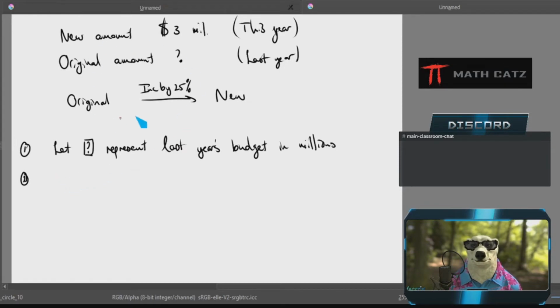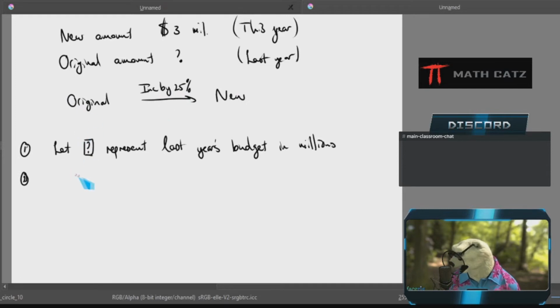Then I need a way to translate this, but I've gotten all the information out of the word problem already. I just have to look at this last one and see, well, I know what the calculation is for increasing by a percentage.